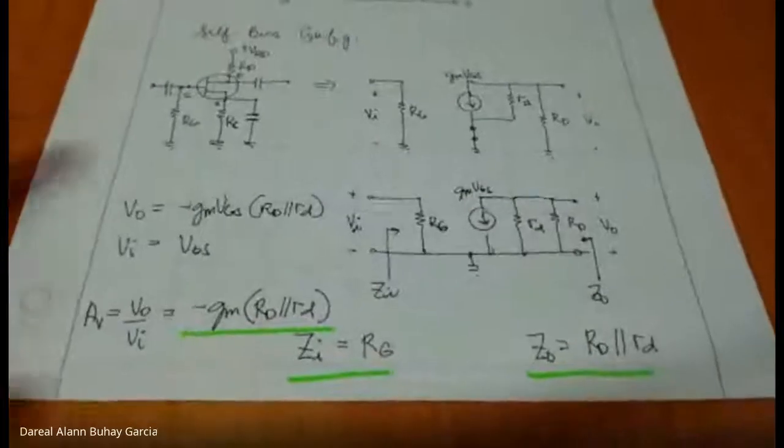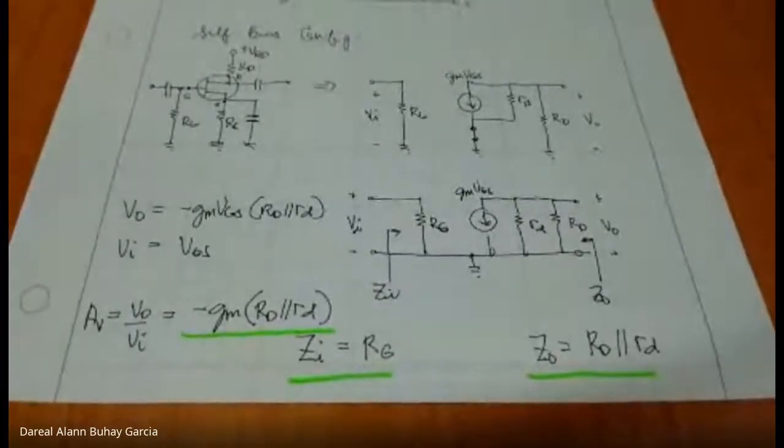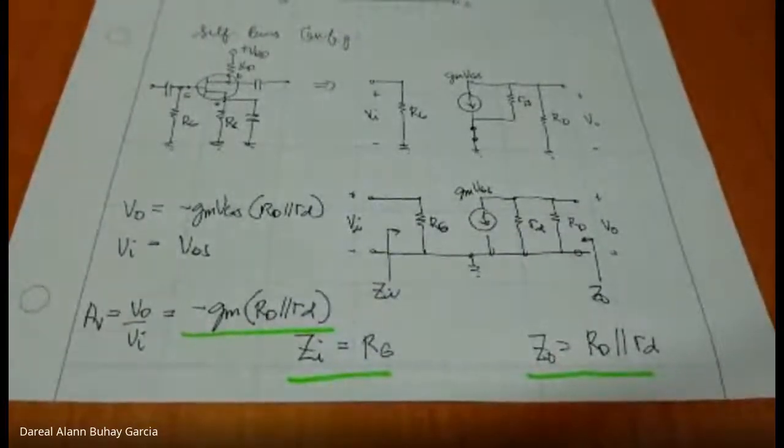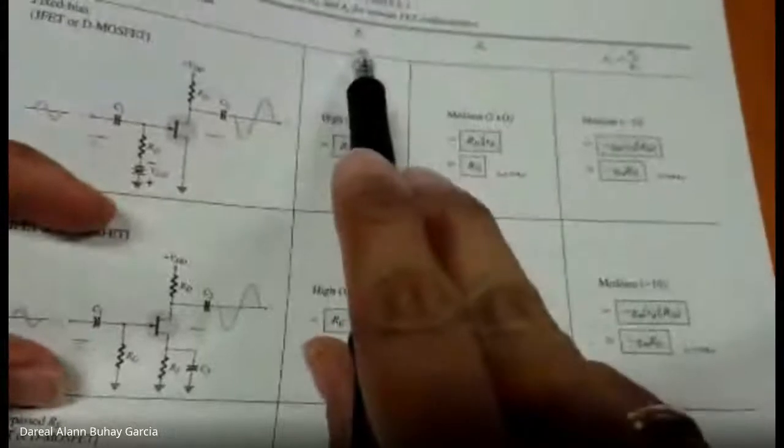The same analysis ang gamiton sa pag-obtain sa input impedance, output impedance, and voltage gain of all the other configurations. So, okay. Self-bias, bypass, etc. Input impedance is RG.